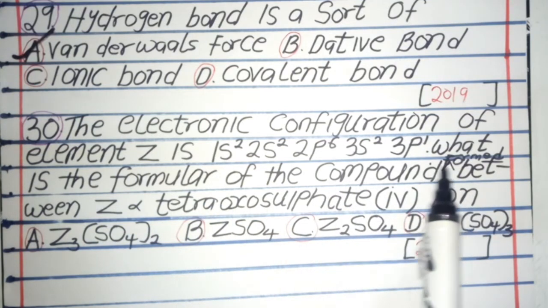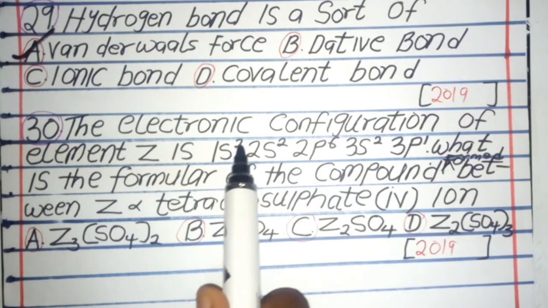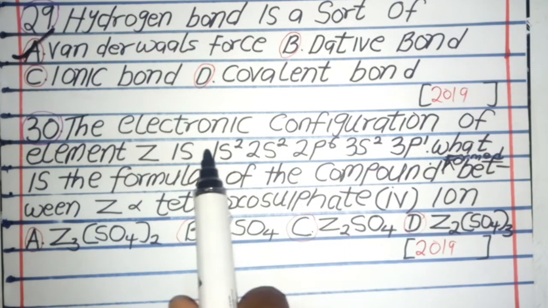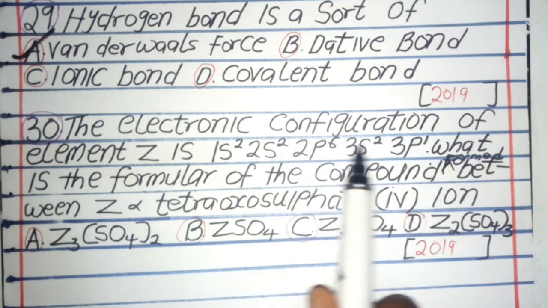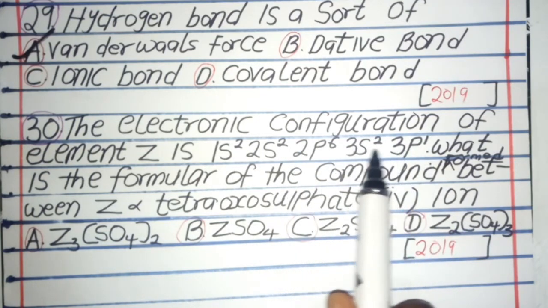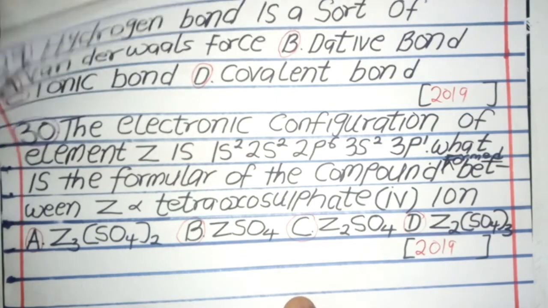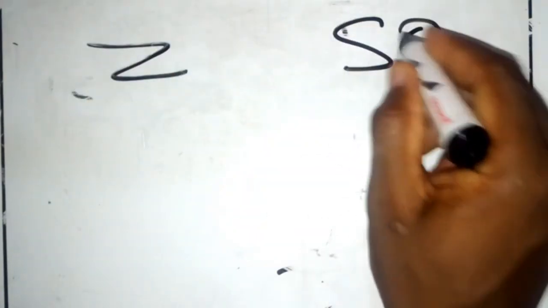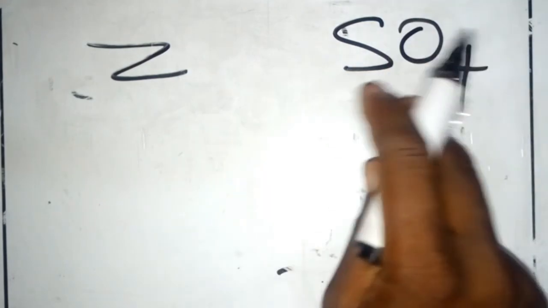With SO4 2 minus ion. So this is 1, 2, 3, 4, 5, 6, 7. That's 13. 13 is aluminium. You said Z and SO4, this is a radical.